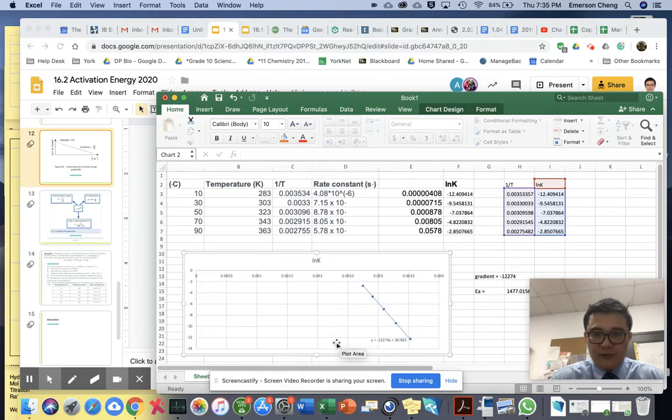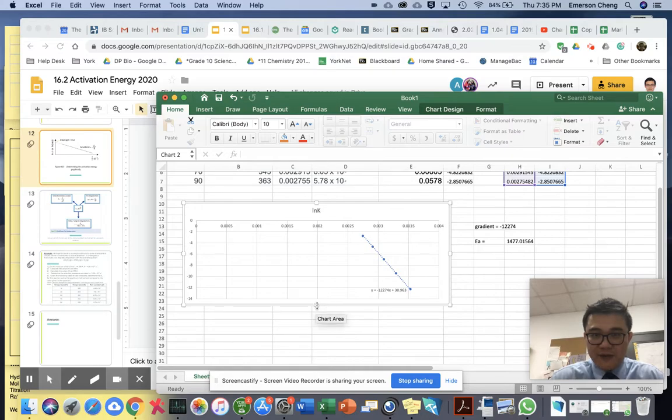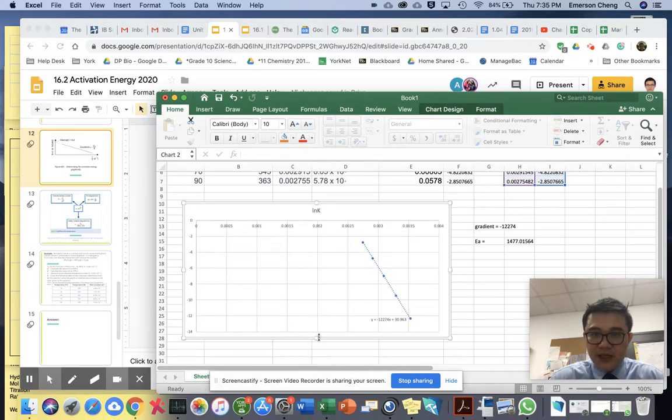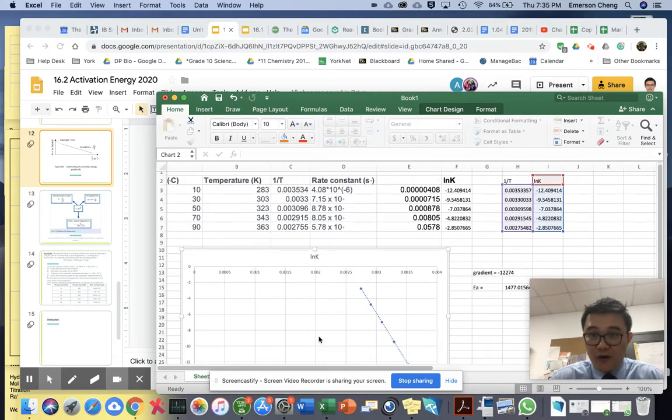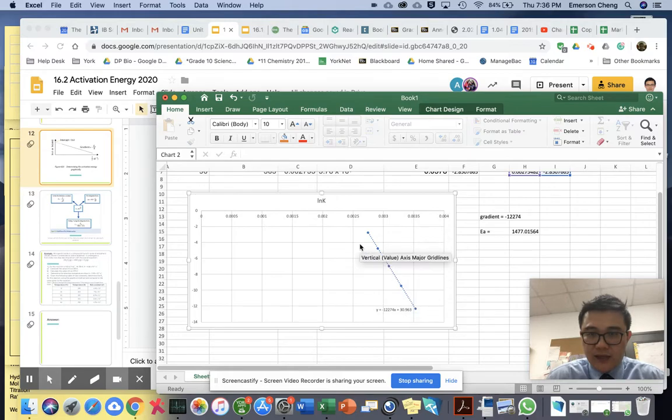When I plot the graph, I know it looks weird, and it looks like this. The axes are correct; I double checked. You see 0.0030, so these are the values, and 1 over T is here. The ln values are negative, hence it goes down like this.